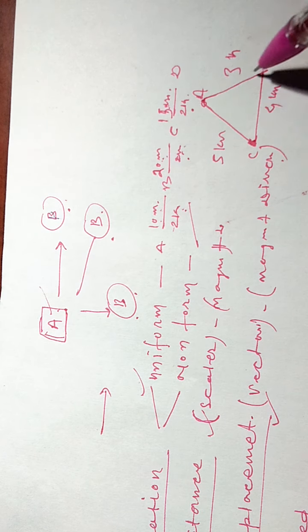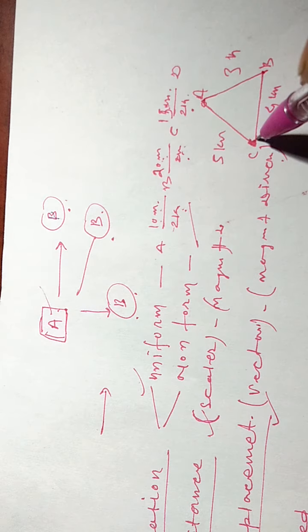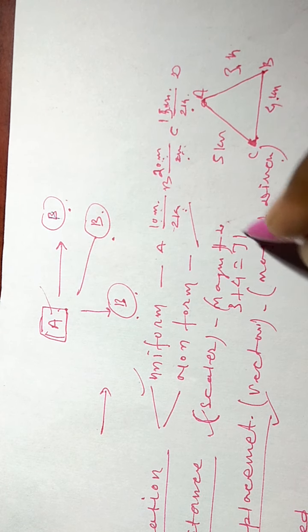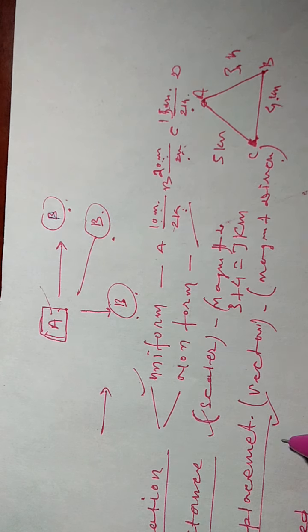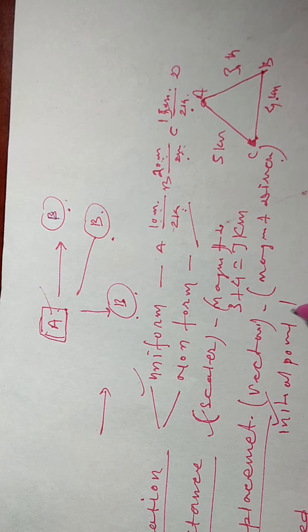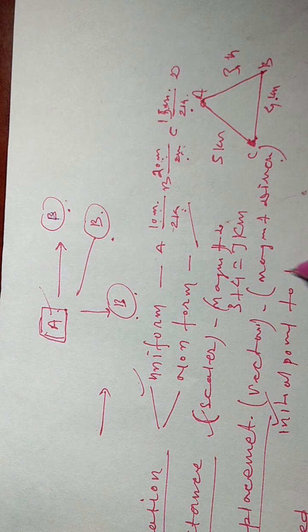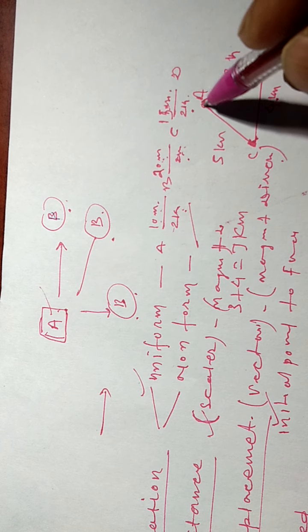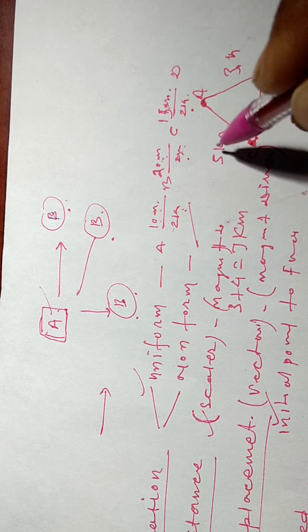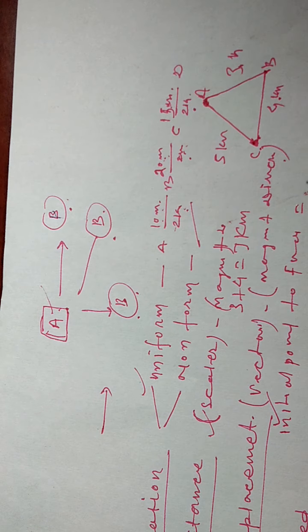You can go from A to B and then B to C, meaning 3 plus 4, that is 7 kilometer. And what is displacement? Displacement is the shortest distance from the initial point to the final point. The initial point is A and the final point is C, so the distance between them is only 5 kilometer. So your displacement will be 5 kilometer.